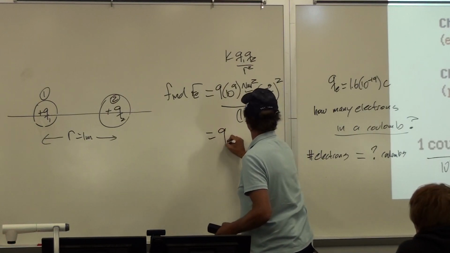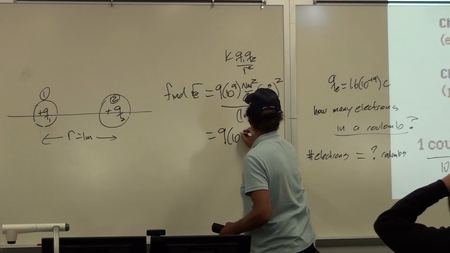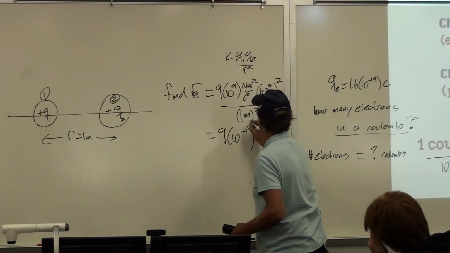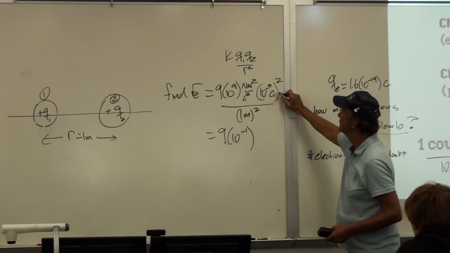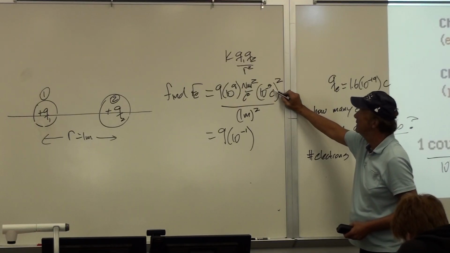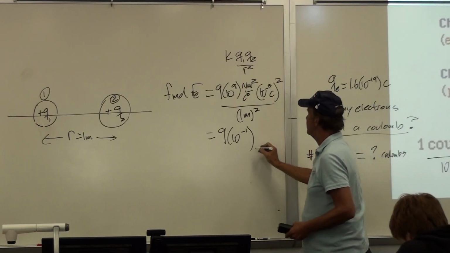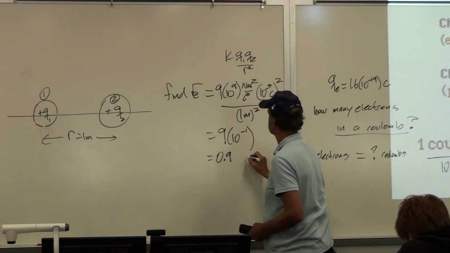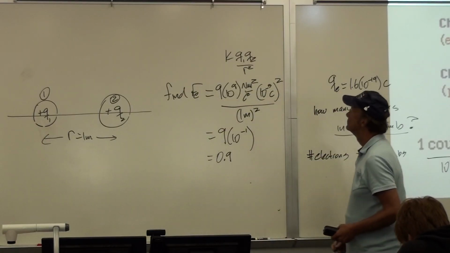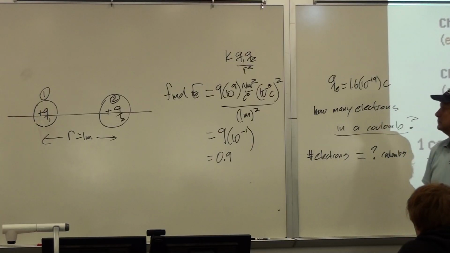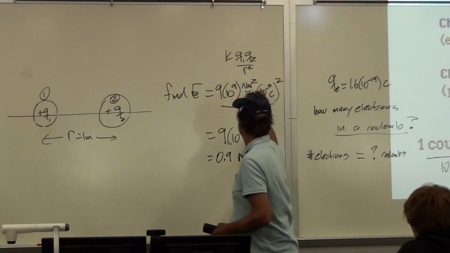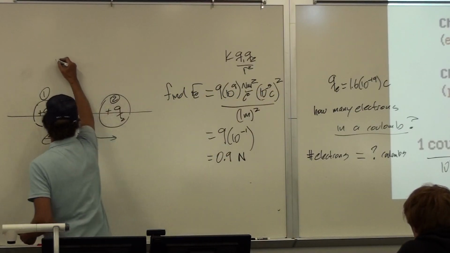So that gives us 9 times 10 to the negative 1. Here's 10 to the 9, here's 10 to the minus 10, right? So that would be 0.9 what? Newtons. Good.